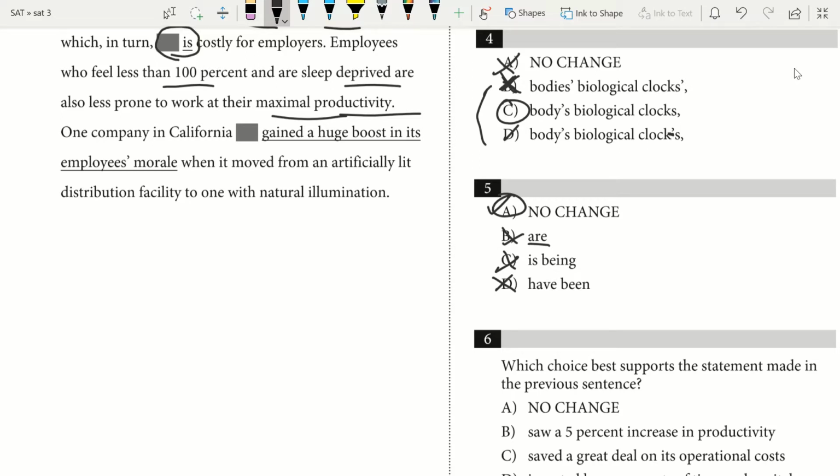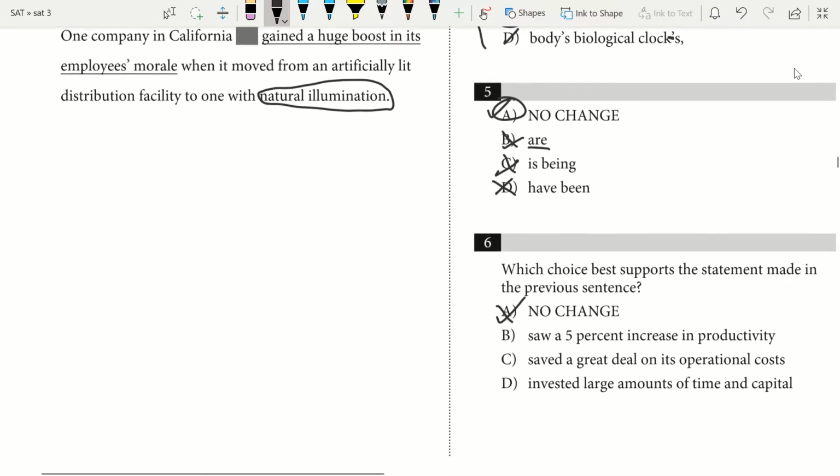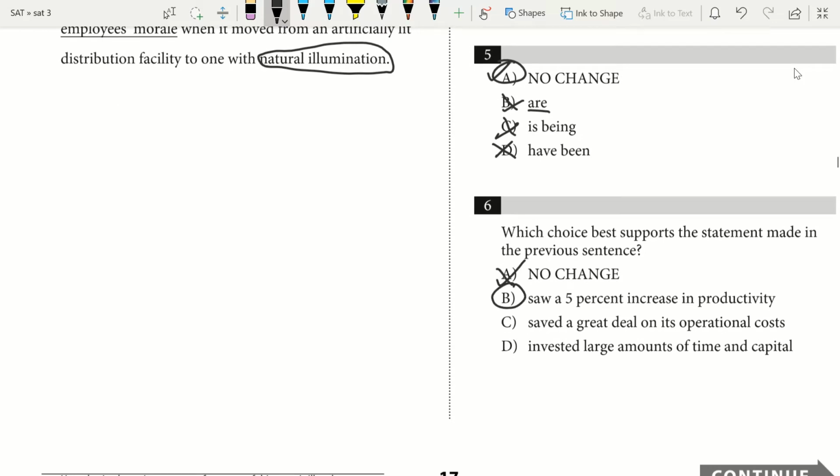In the previous sentence, we were told that workers who have less sleep and don't feel 100% aren't as productive. Now we're told that a company that switched to natural light gained a huge boost in its employees' morale. But we're looking for productivity, not morale. So A is going to be out. We're looking for an answer that talks about an increase in productivity, which is B.